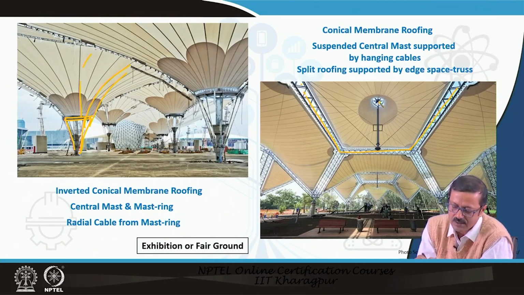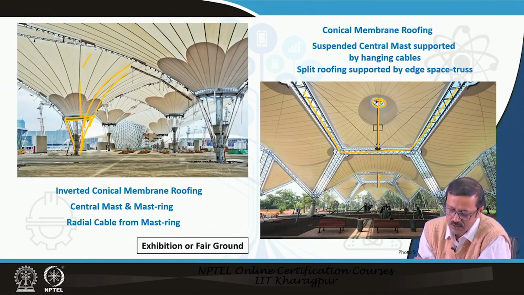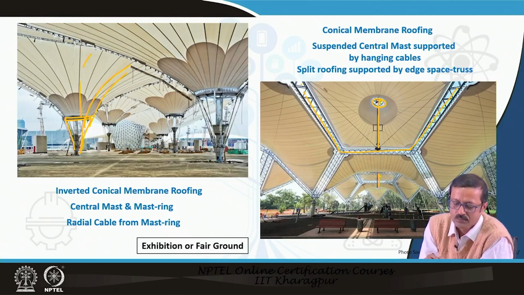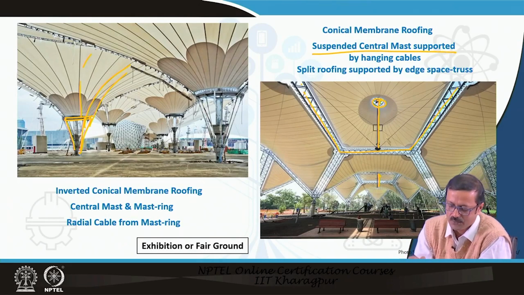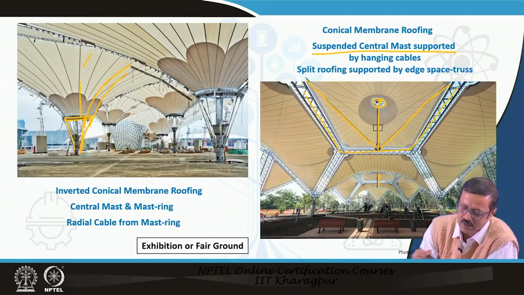This is the central mast, you see, and this is the ring, and the central mast is not continuing till the ground, it is hanging, it is the suspended central mast.